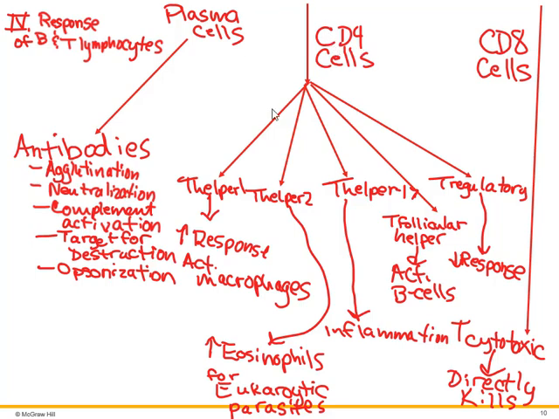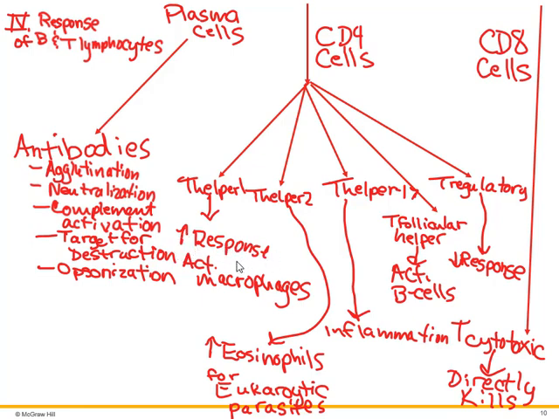So CD4 cells are going to be T helper 1, T helper 2, T helper 17. So the T helpers, the T regulatory cells, and the cytotoxic T cells. So those are the 3 main kinds. T helper 1 increases the immune response and activates macrophages. I kind of ran out of room, so ACT is just activate, and the upward arrow means increase.